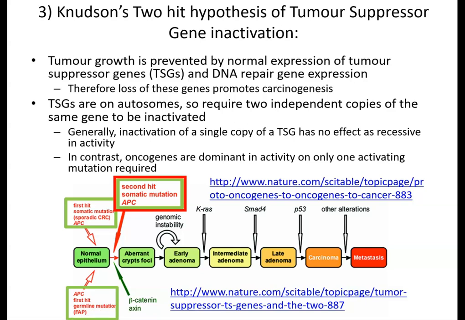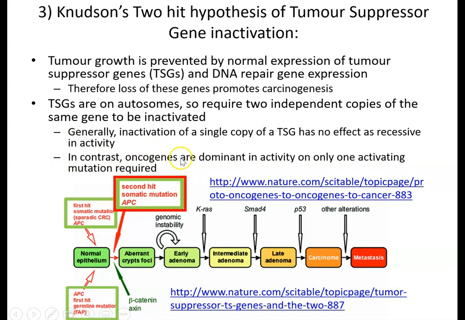That means you've got two independent copies of the gene, and therefore to have no tumour suppressor gene activity, both copies need to be inactivated, either by gene mutation, a point mutation, gene deletion, epigenetic silencing, something like that. So generally, loss of a single copy of a tumour suppressor gene has no effect. There's one exception to that, which is p53, where it does have an effect, and we'll come on to that at some other point in the module.